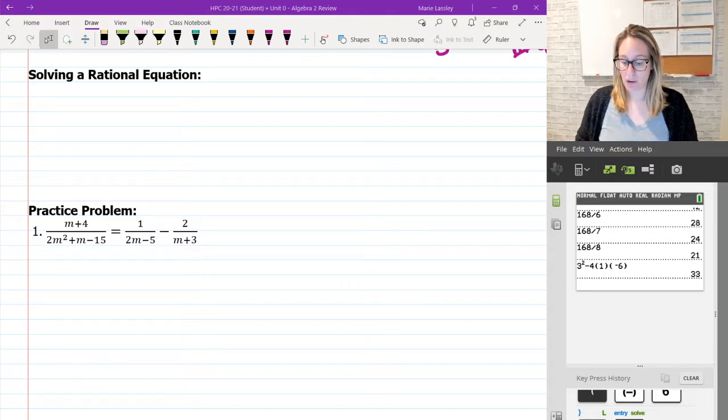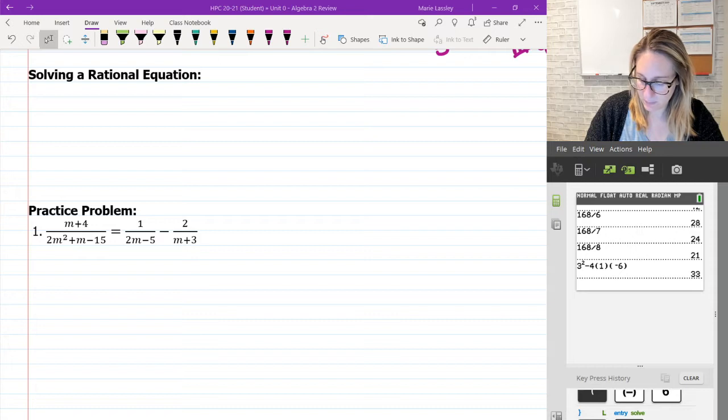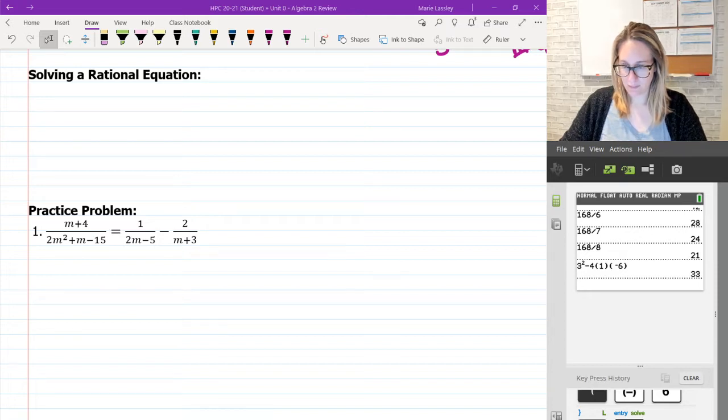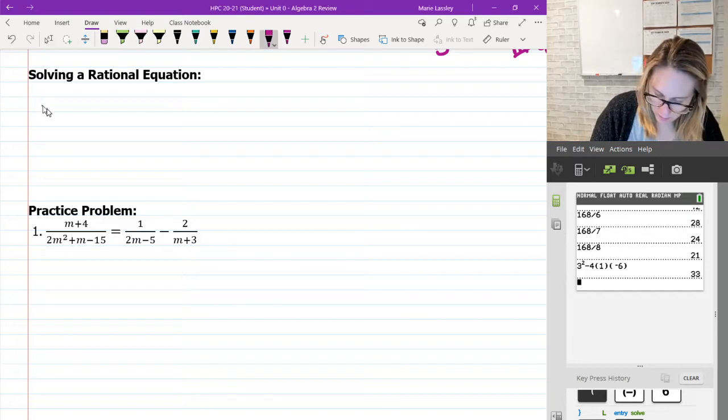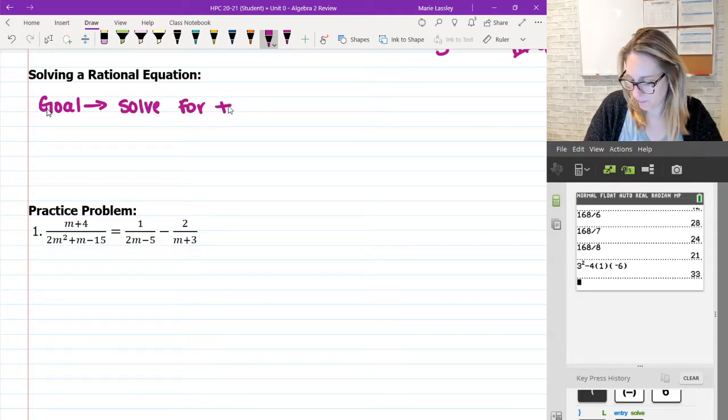All right, so our goal is to solve for the variable.